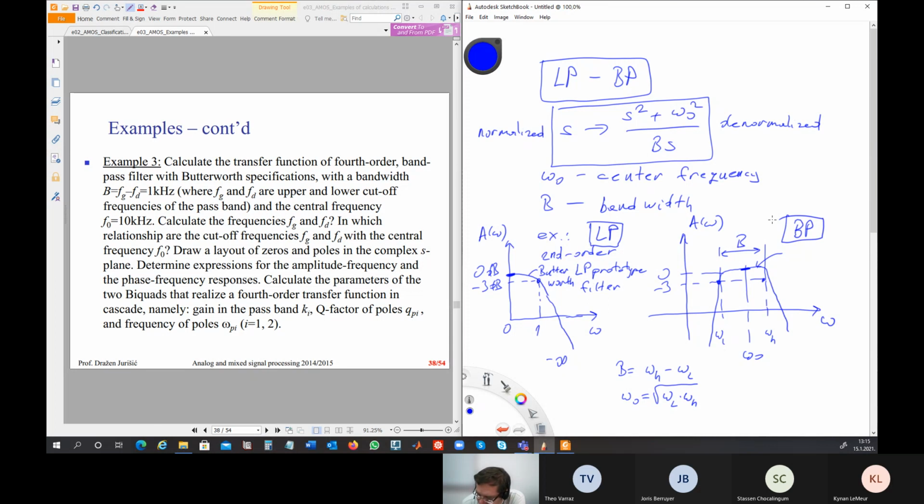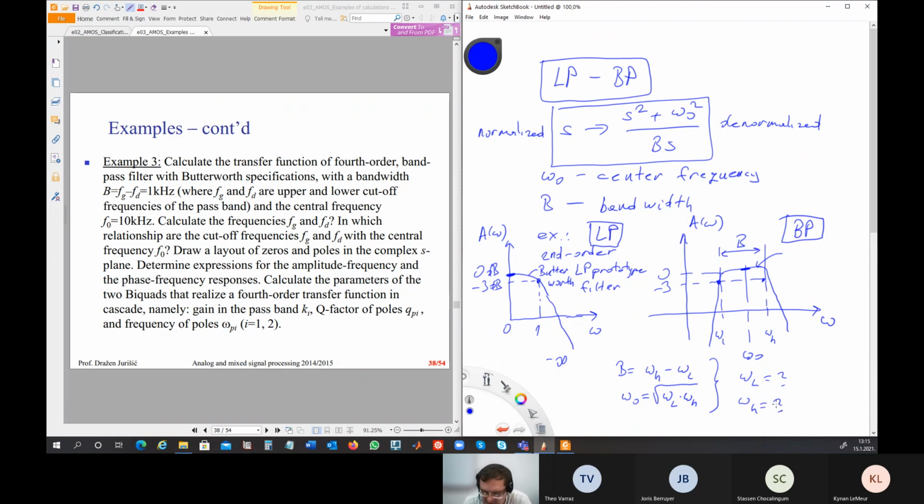So now, when we know what we will apply, this low pass to band pass transformation, we can proceed with our example. There are equations which can be derived from these two, and they will give us the values of omega L and omega high. So this is also something we have to calculate.